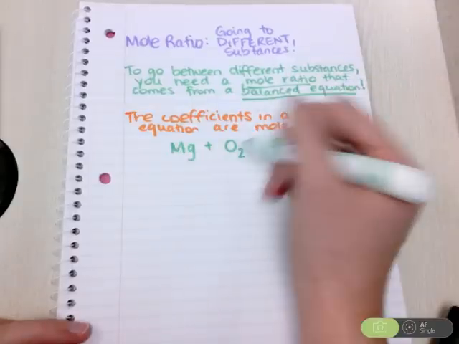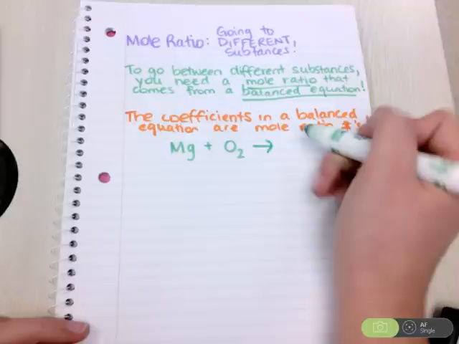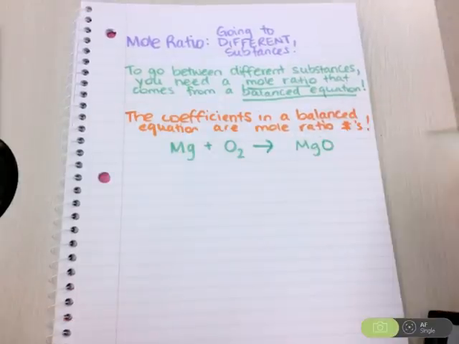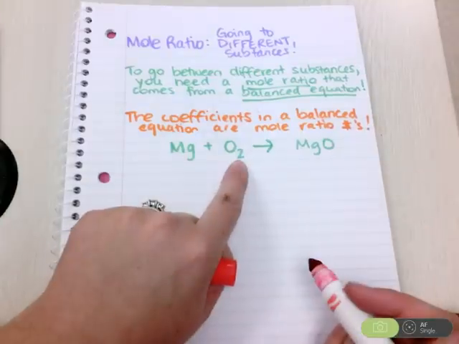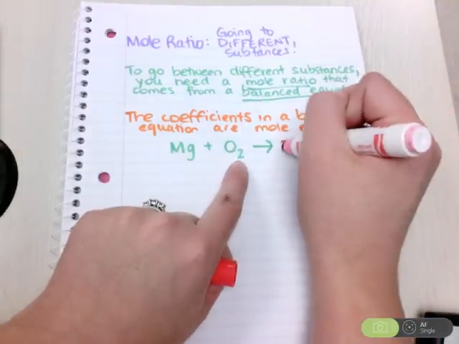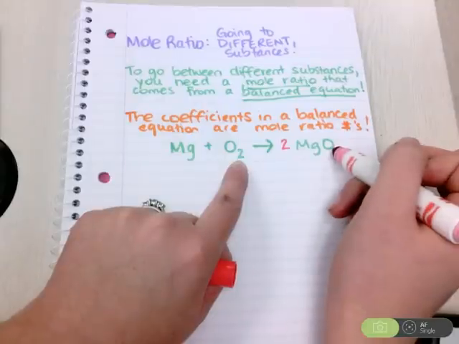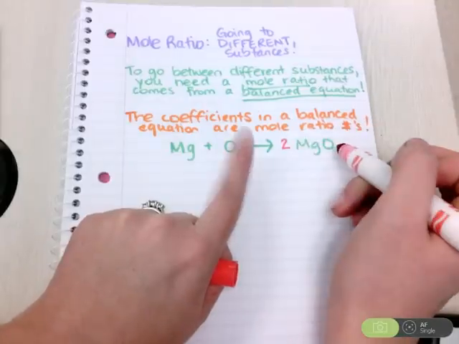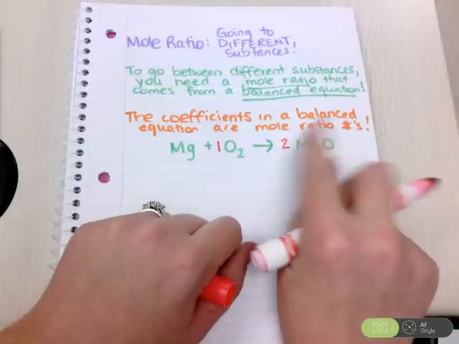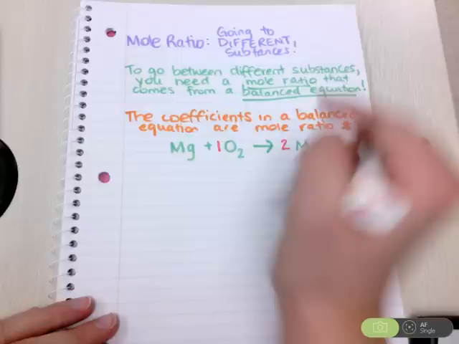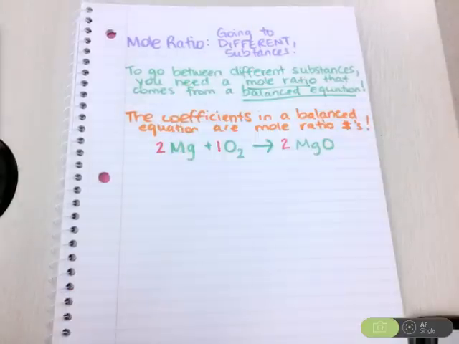Because anything that's burned is with oxygen. We made some magnesium oxide. So when we balance this equation, I've got 2 oxygens here, so I need 2 oxygens on this side. 2 times 1 is 2, and 2 times 1 is 2. But this 2 changes my magnesiums, so I need 2 magnesiums on that side. So here I have a balanced equation.